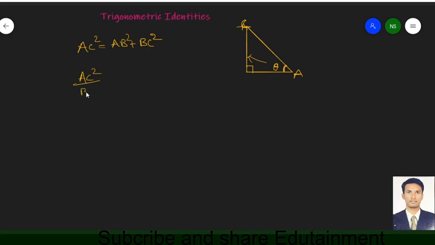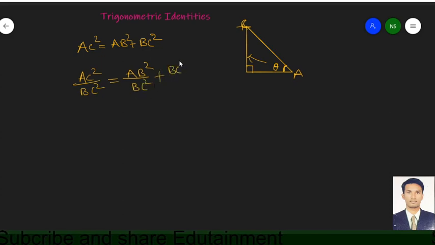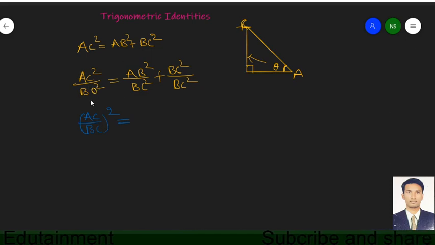AC square by BC square is equals to AB square by BC square plus BC square by BC square. So we can write AC by BC whole square is equals to AB by BC whole square plus, these two cancelled, 1.